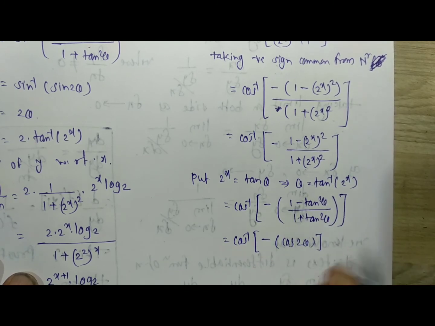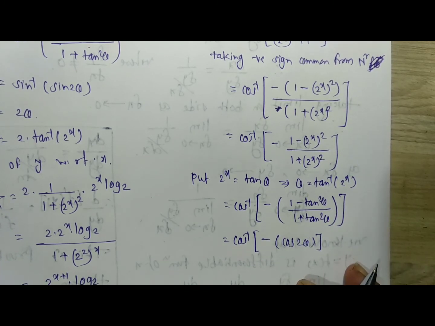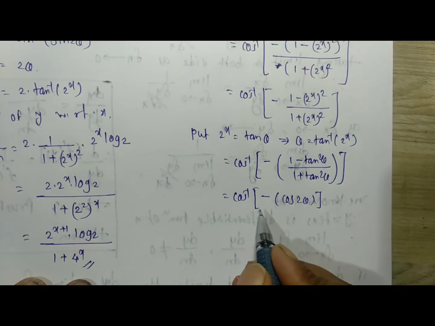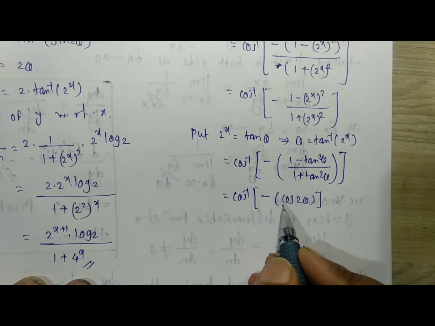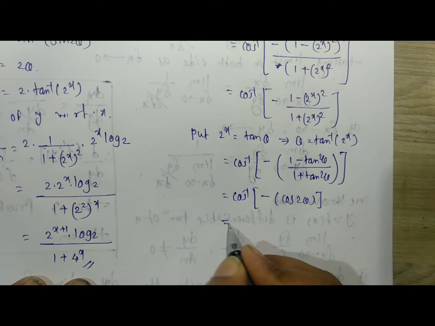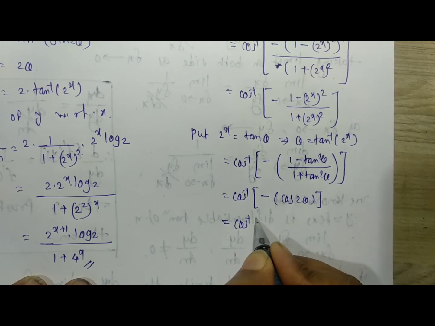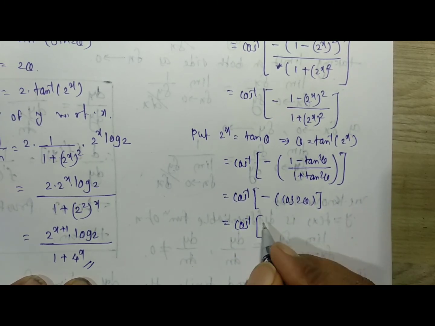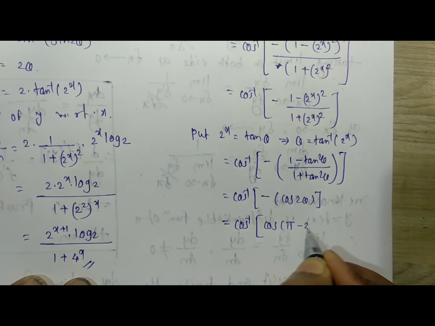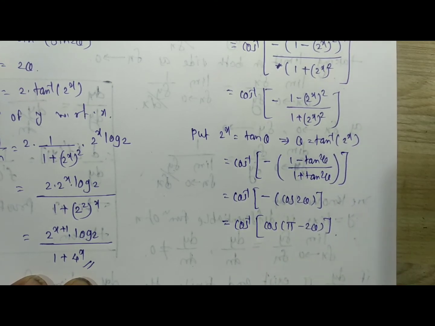This is the formula of cos 2 theta, and therefore this is nothing but minus cos 2 theta. But right now this minus sign is taken inside by using a formula, cos inverse inside the bracket cos pi minus 2 theta is here.